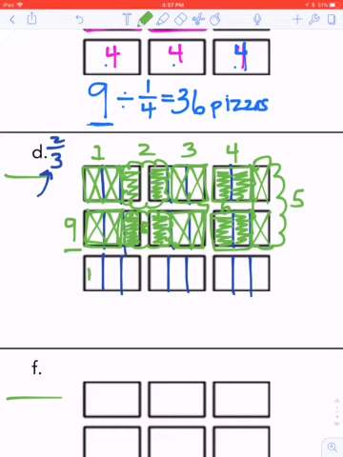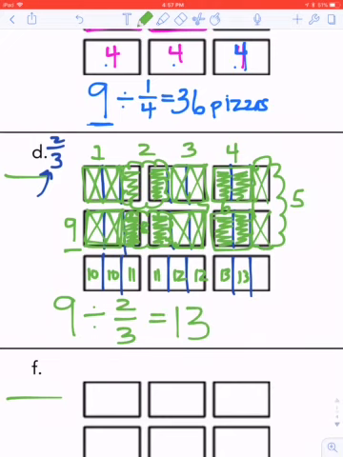So pizza 10 will be this section, pizza 11 will be the next 2/3, pizza 12 will be the next 2/3, pizza 13 will be the next 2/3. Okay? So our number sentence should say 9 divided by 2/3 equals 13 pizzas.